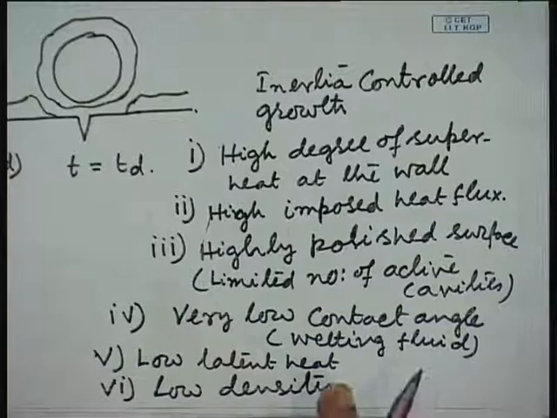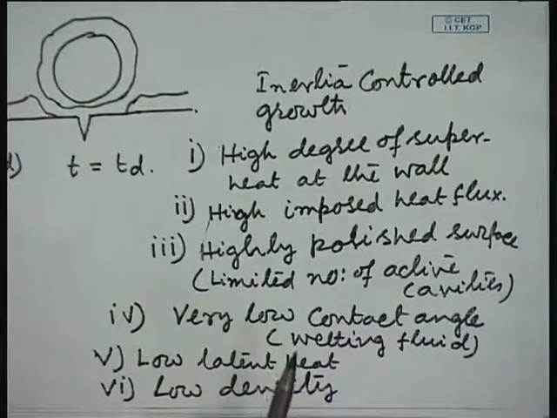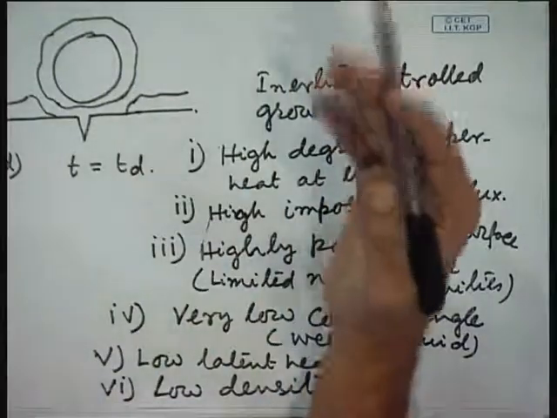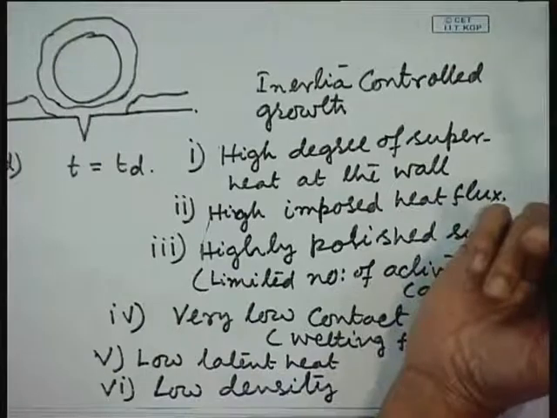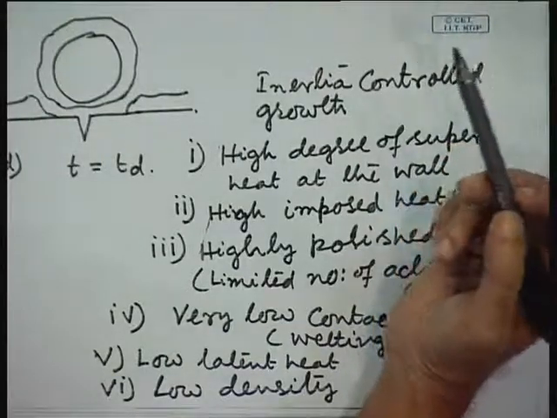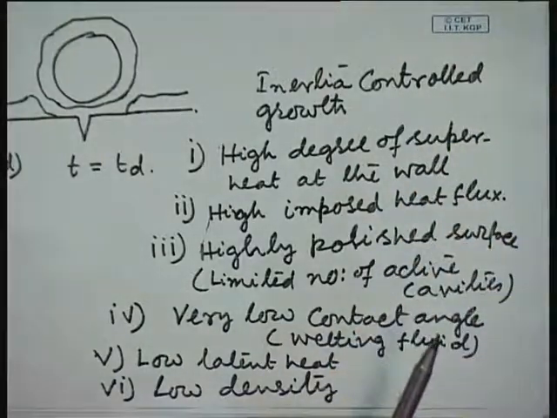One cavity means one vapor bubble. So, only one vapor bubble is there, and then far apart there are other vapor bubbles. So, the particular vapor bubble is surrounded by a very large mass of heated liquid. So, the growth will not be controlled by the heat transfer. Okay. It will have enough supply of thermal energy.